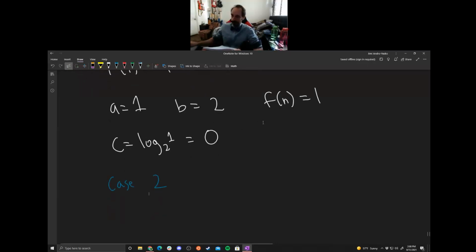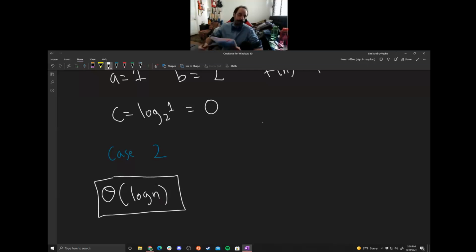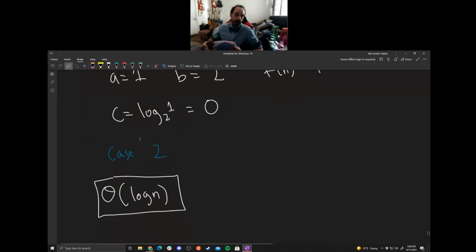So then we can just go ahead and solve this. It's going to be theta of n to the power 0, or just 1, multiplied by log of n. And I believe that is correct, actually. This one is binary search. I believe this recurrence, so theta log n is actually the correct result.